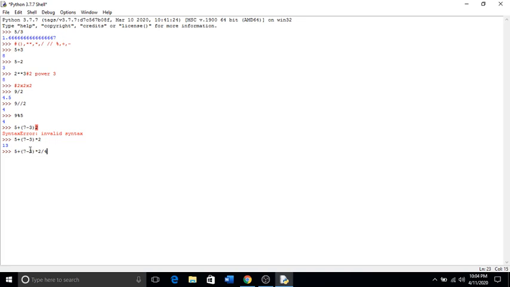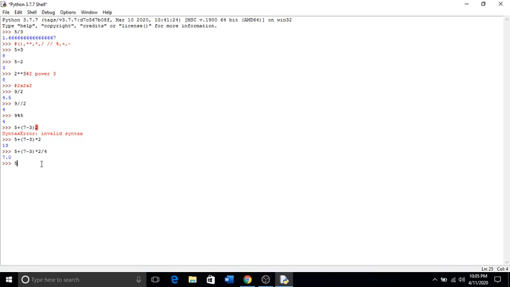So 7 minus 3 is 4. 4 into 2, 8. Then 8 divided by 4 is 2.0. Why 2.0? Because this is division, the decimal point will appear. So 2.0 plus 5 is 7.0. You can see the answer.